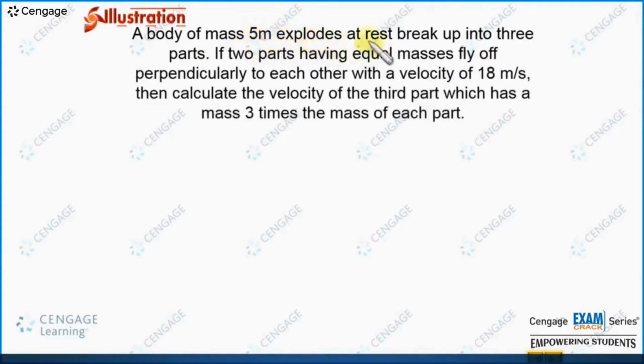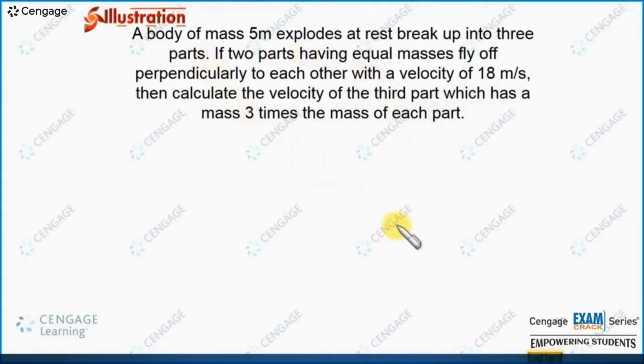It explodes at rest, breaking into 3 parts. If 2 parts having equal masses fly off perpendicular to each other with a velocity of 18 meters per second, then calculate the velocity of the third part, which has mass 3 times the mass of each part. Okay, so this is the problem.